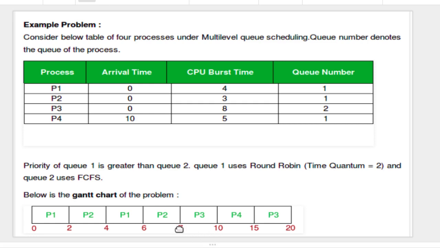But while it is running, P4 comes at 10 seconds in Q1 and interrupts P3 and runs for 5 seconds. After its completion, P3 takes the CPU and completes its execution.